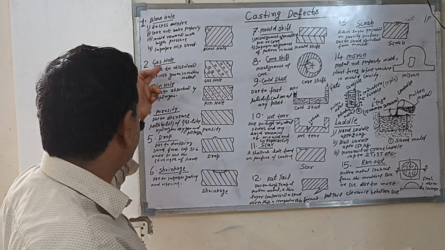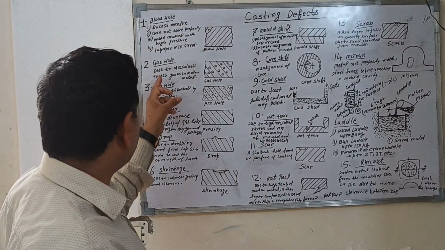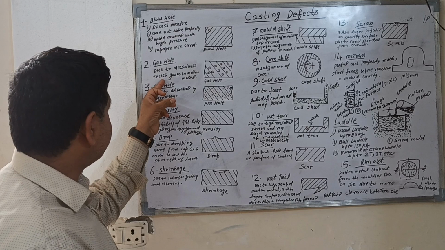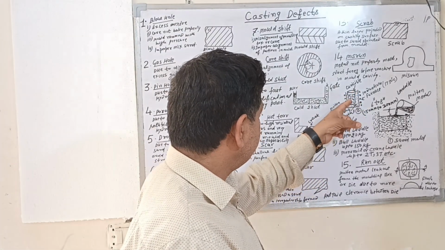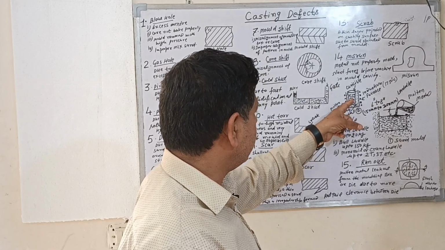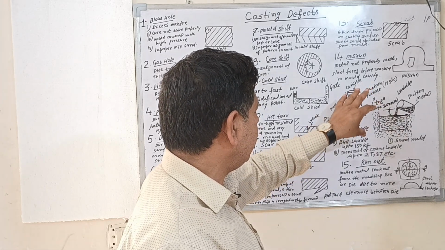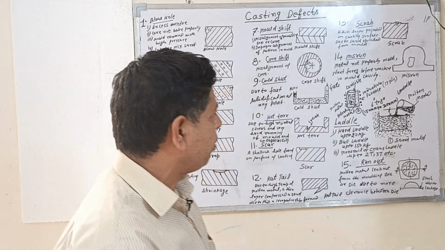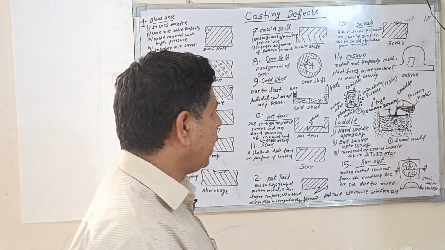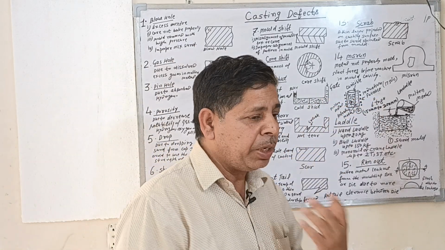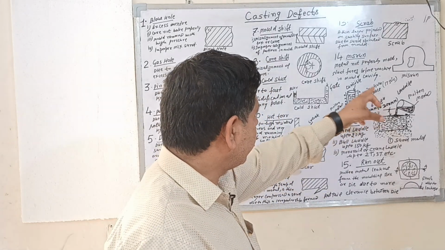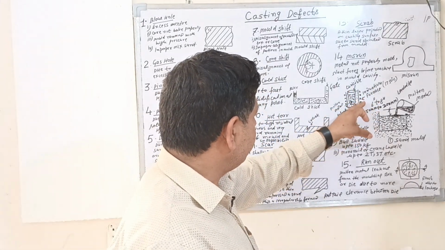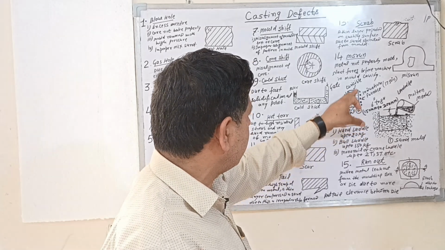Number two is gas holes. Gas holes are due to excess gas dissolved in the molten metal. When you are melting the metal in this crucible, in different types of melting equipment like an induction furnace, open hearth furnace, or crucible furnace, and here you can see this figure. This is an induction plate, this is the refractory, molten metal and crucible.